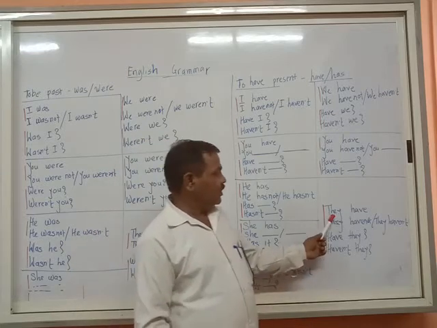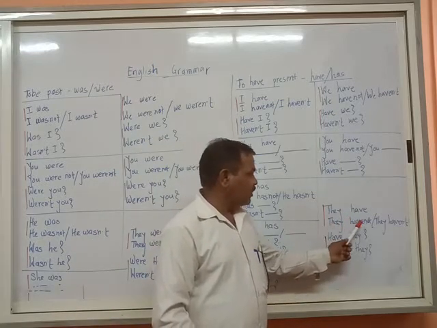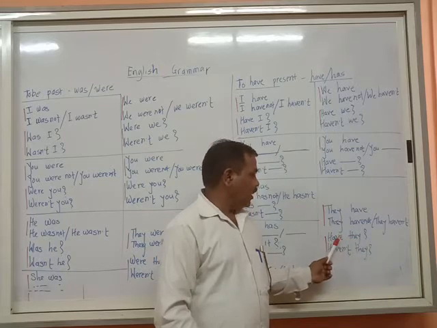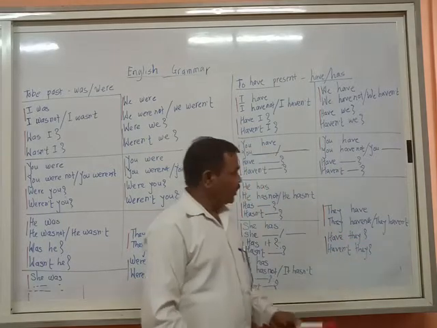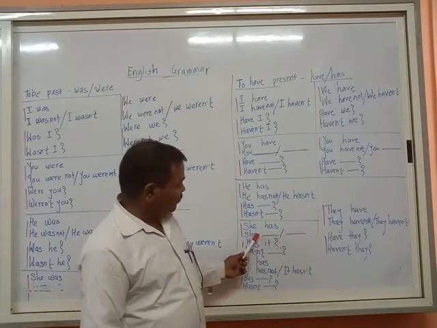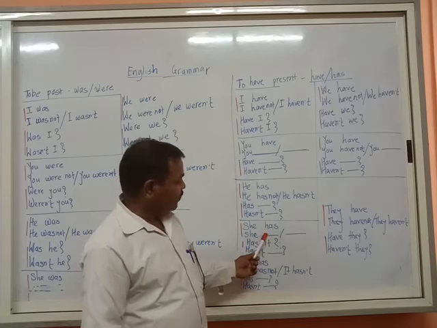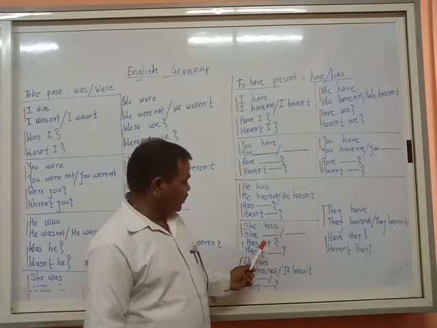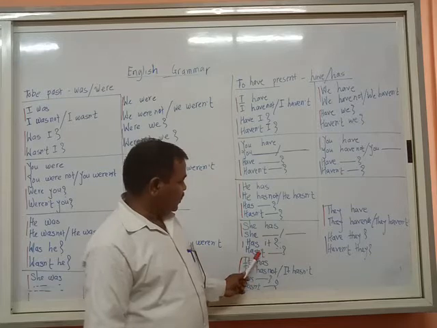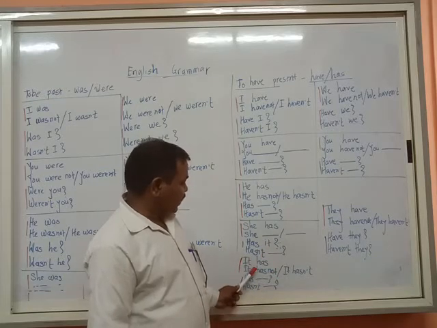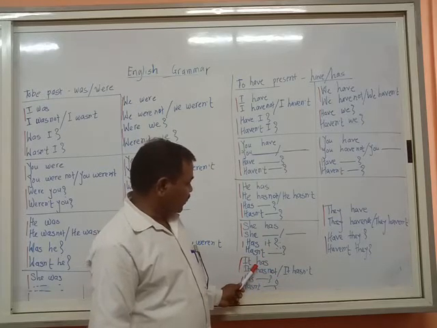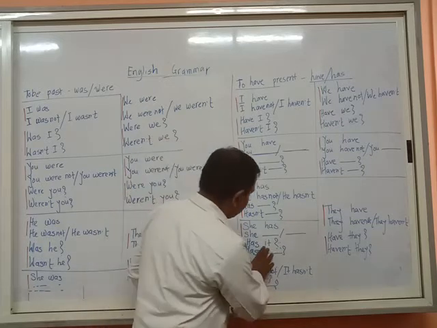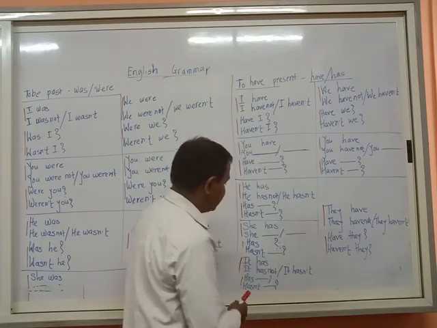And finally, they have, they haven't, they have not. Have they, haven't they. So these gaps you have to fill up. She has. Here negative, has not, hasn't. Has it, hasn't she. Like that. And here one more thing is there. One minute, a correction is there.